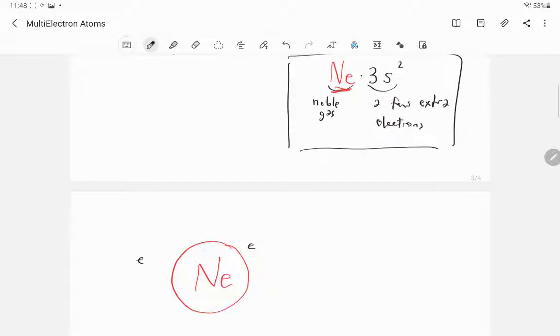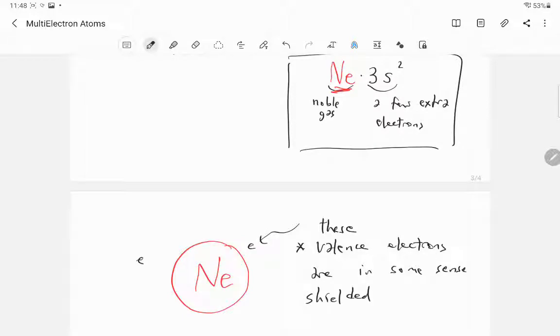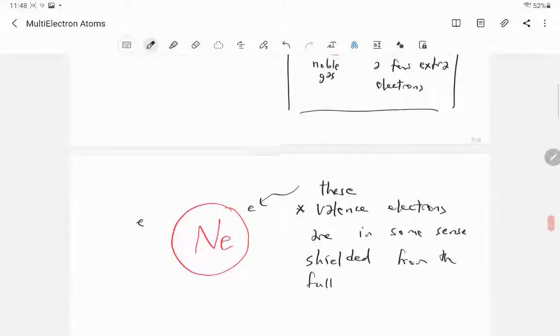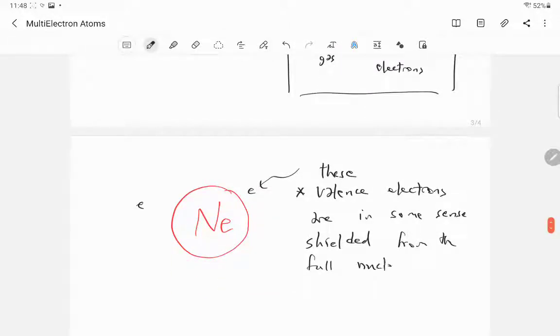And these valence electrons are, in some sense, shielded from the full nuclear charge by the inner electrons.